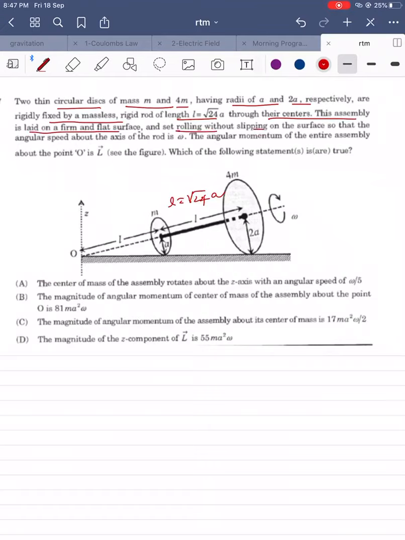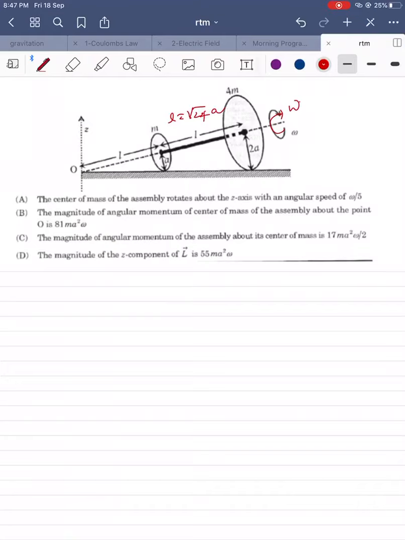The set is rolling without slipping, and this disc is moving with angular velocity omega. With how much angular velocity the other one moves, for that this need not be discussed yet.